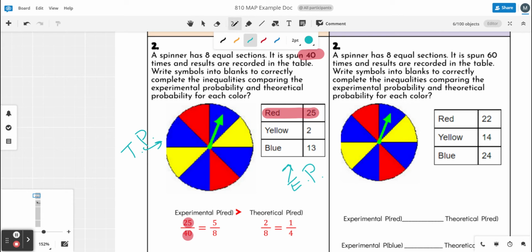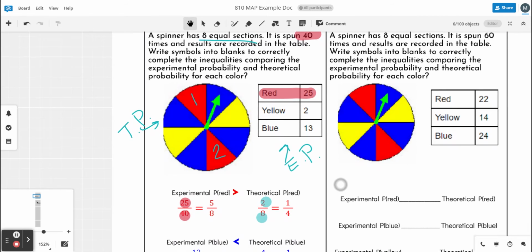Comparing it to the theoretical probability, looking at the spinner, there are 1, 2 red sections out of 8 equal sections. So our fraction is represented by 2/8, and that simplifies to 1/4.